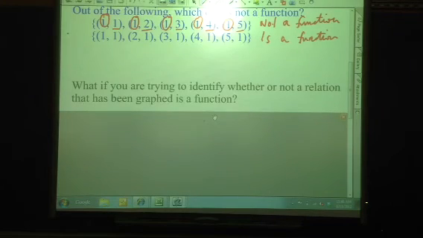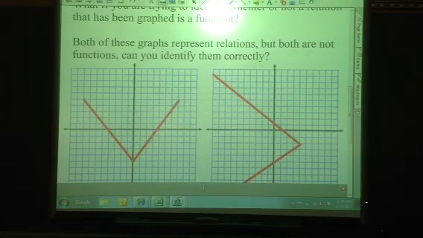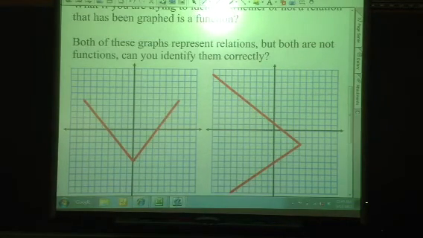Now, what if you are trying to identify whether or not a relation that has been graphed is a function? For example, I've got two graphs here. They both represent relations, but only one of them is a function.